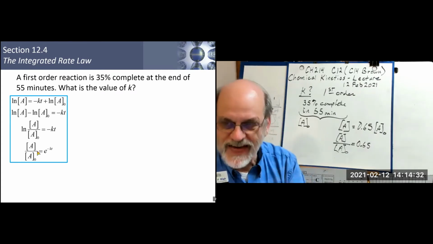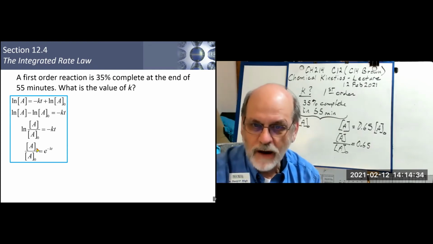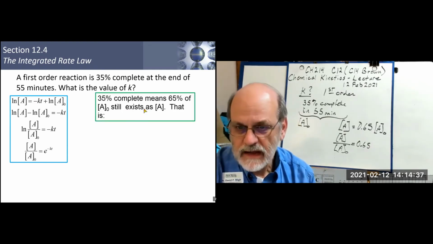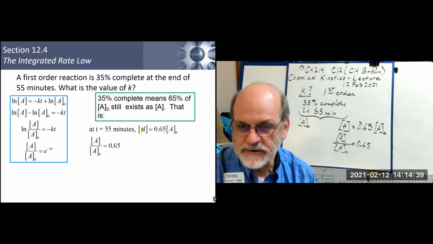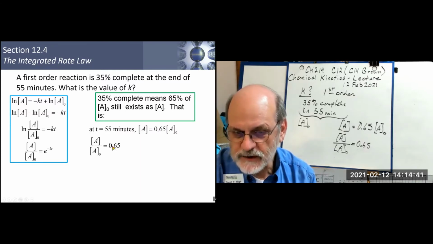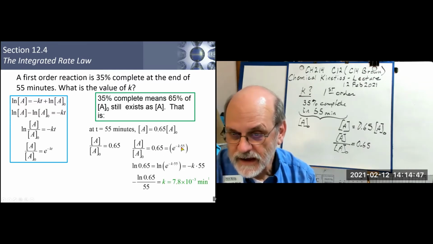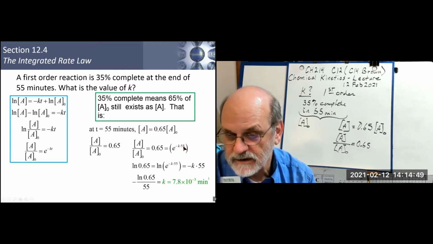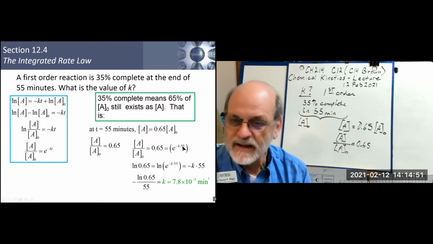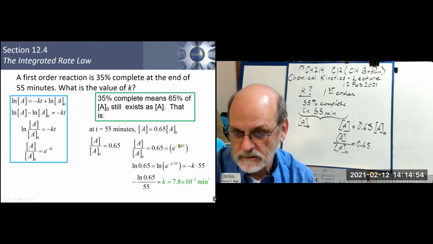So now we have that to go on. Now what we do is we substitute 0.65 for this quotient in the equation, and we find that here's 55. And now we can solve for k.